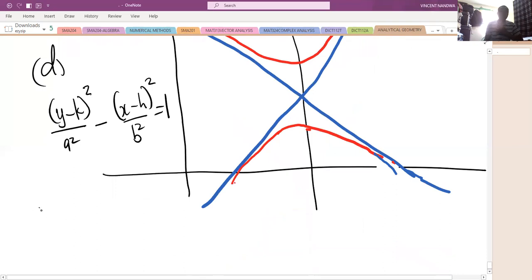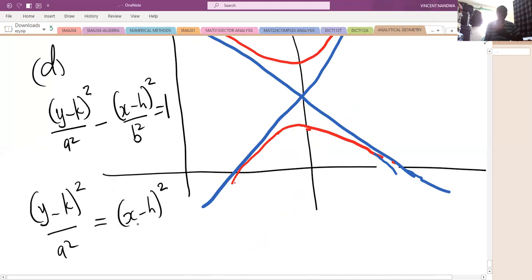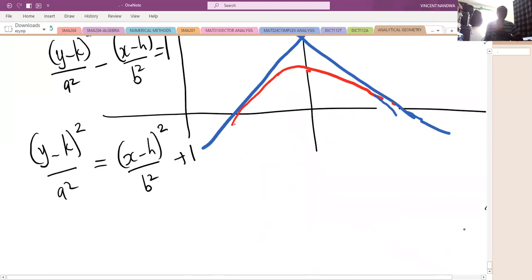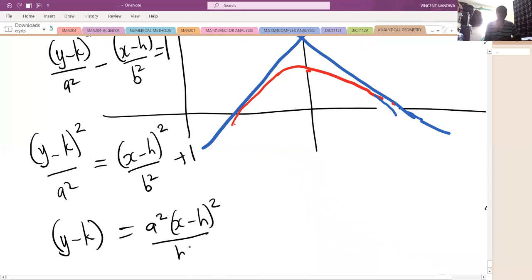So just say y minus k squared over a squared equals, taking this one to the right hand side, we have x minus h squared over b squared plus 1. And so y minus k squared, when you make it a subject, will be a squared times x minus h squared over b squared plus a squared.